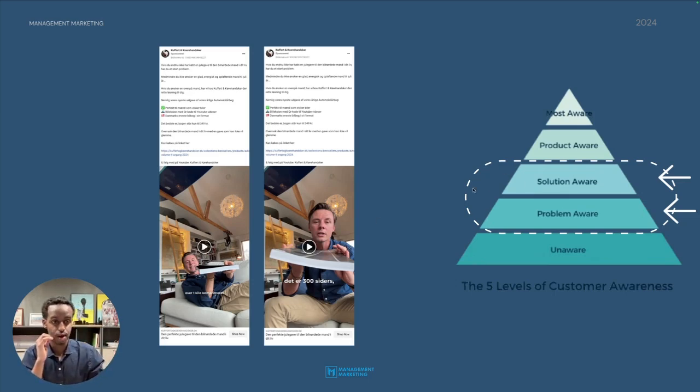And lastly, we have a problem aware audience, and that goes to show that you have to twist the main problems that your target audience have, and that's exactly what we have been doing in this case of mine.